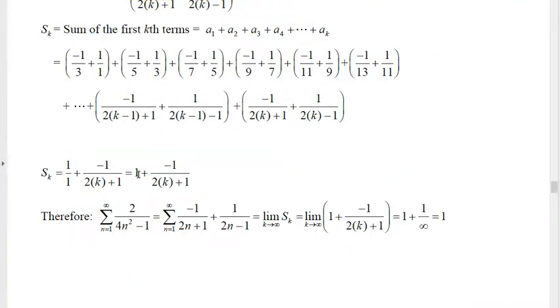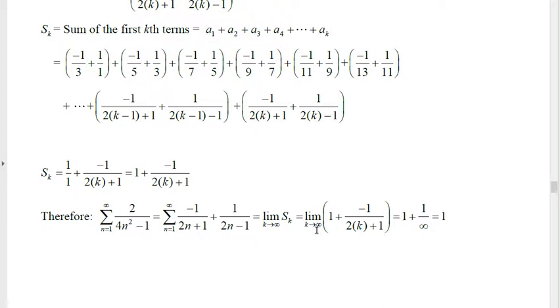And so we have just seen that the sum of the first k terms is 1 plus the negative 1 over 2k plus 1. The infinite series is the same as the limit of s of k as k approaches infinity. But s of k is 1 plus negative 1 over 2k plus 1.